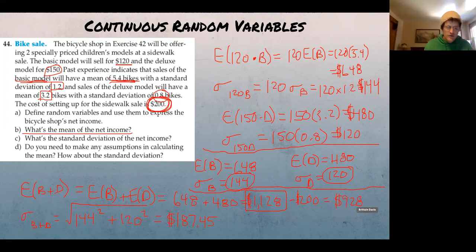So this is another sort of transforming the data. This is not a new event. This is just a constant amount that we have to subtract away, because the idea is if we did this sale hundreds and hundreds, thousands, millions of times, we're always going to subtract $200 from whatever we earn. So that's going to be a constant that we take away. Does that affect our standard deviation?